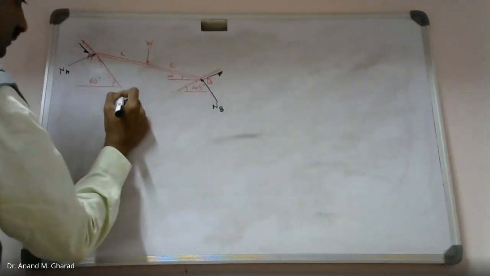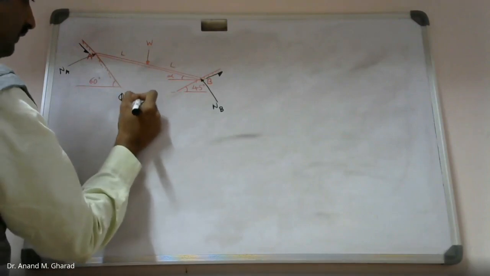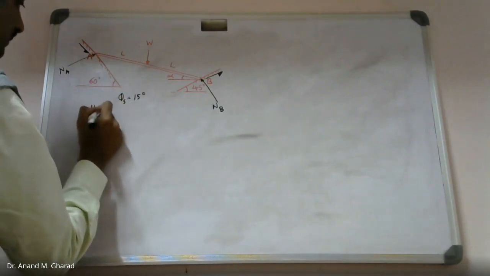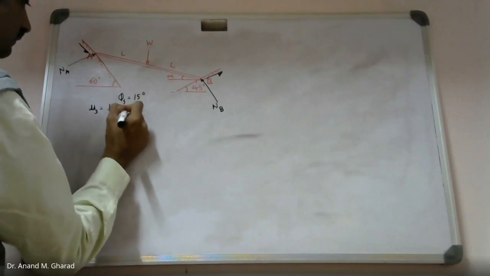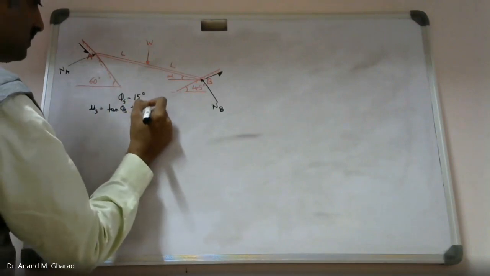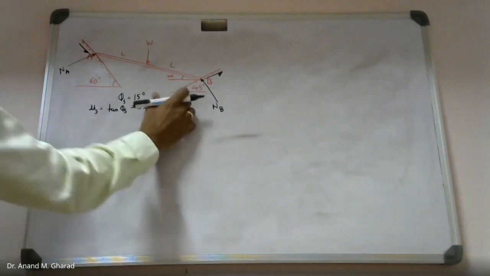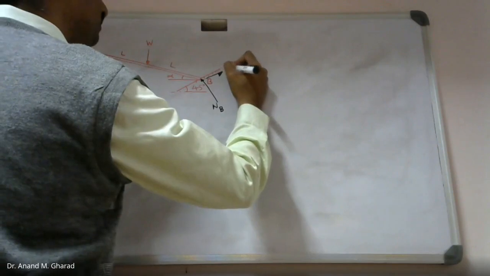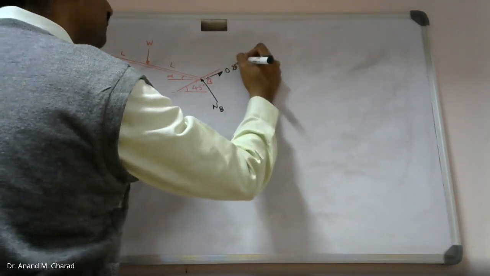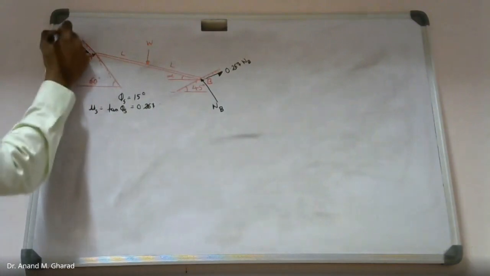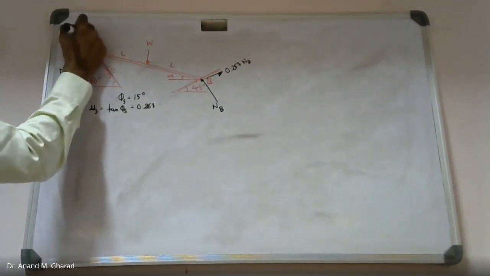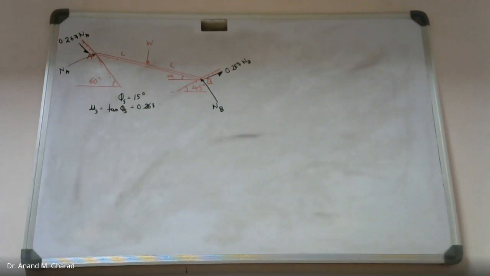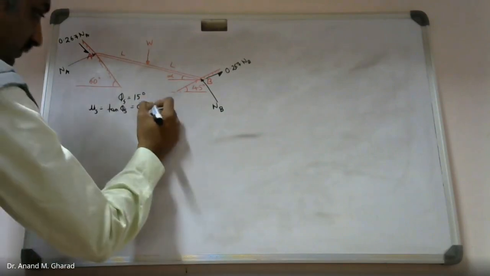Again, the phi s value is given, it is 15 degrees. Mu s shall be tan of phi s. This time let us take it as 0.268. So this value will be 0.268 times NB and 0.268 times NA.